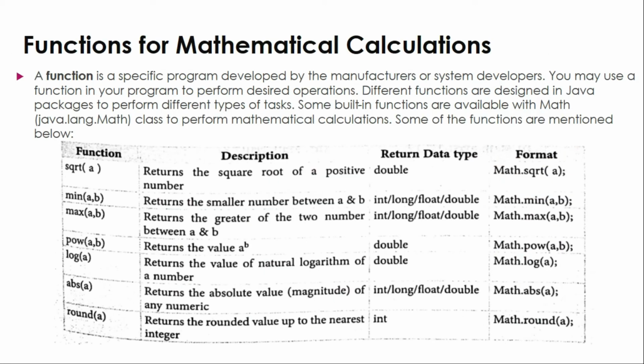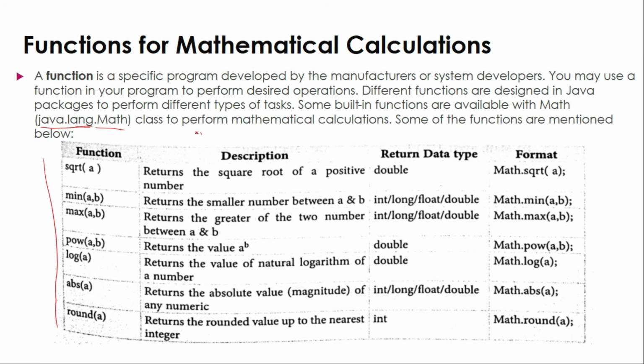Now, mathematical functions, or functions for mathematical calculations. Here I have listed some functions; many more functions are also there. So let us go through some functions. These are built-in functions, that means predefined in Java, and all the functions are available under which package? java.lang.Math. So the first one is sqrt(a).